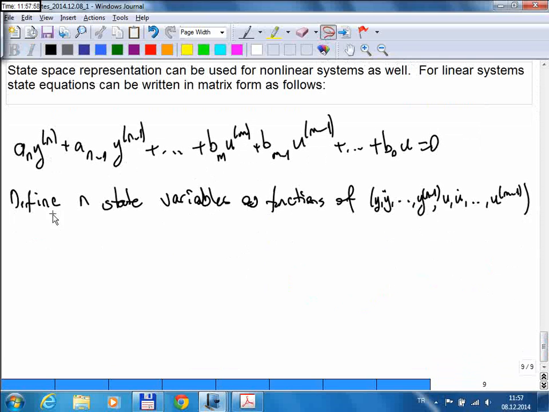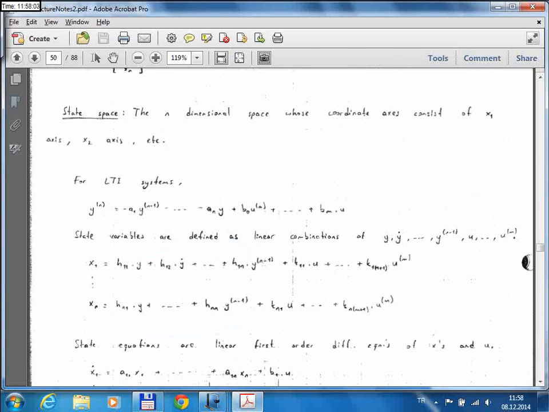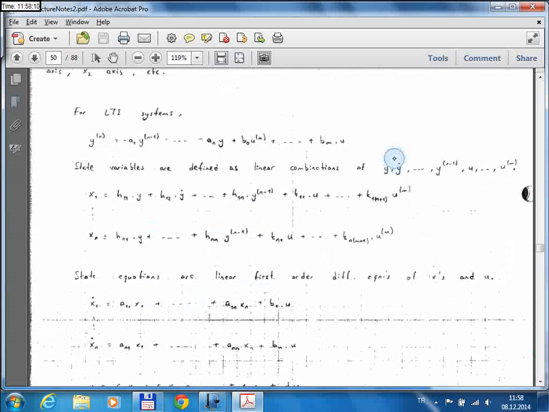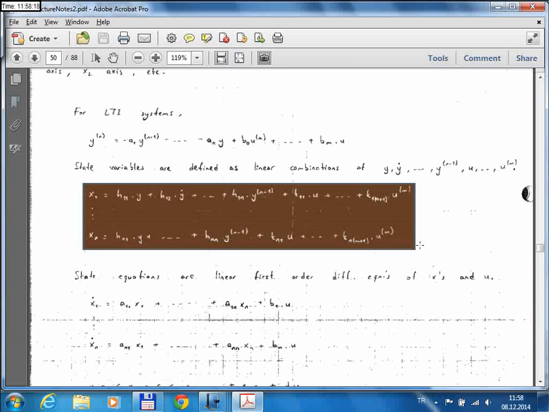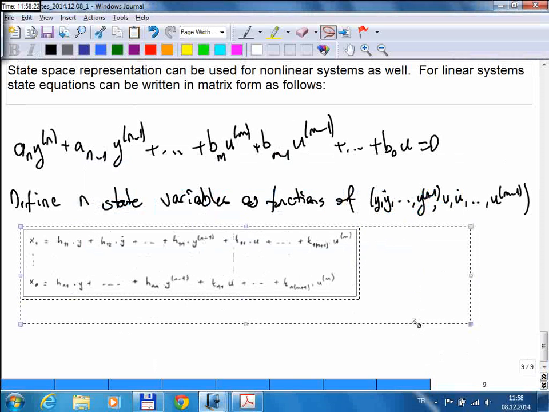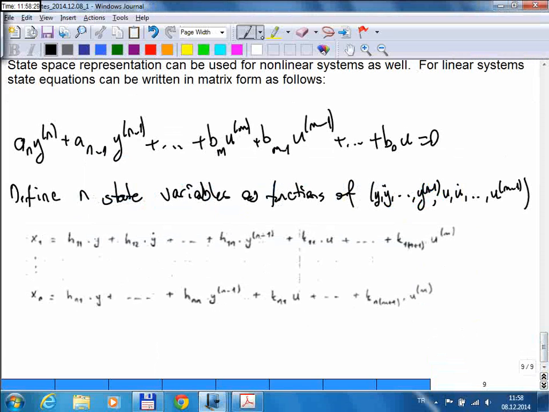Here is how we define them. I think we have these in the lecture notes. In the lecture notes, there's a mistake actually. We shouldn't have the highest derivative of u here, so I should make this correct. This should not be here.